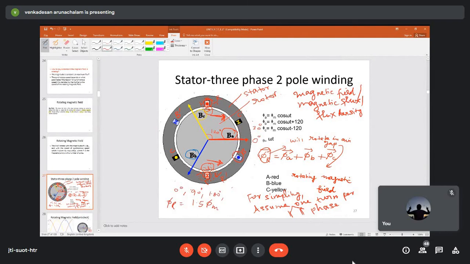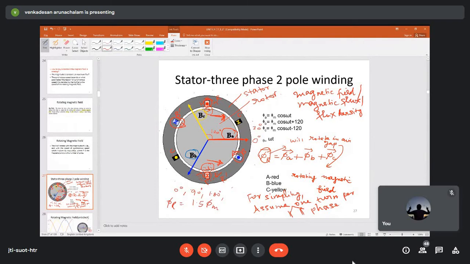Similarly, if you see the direction of B, this is for B phase. It is like this, anti-clockwise. This is clockwise. So for the blue phase, the resultant flux density is marked like this. And similarly for C phase, the resultant flux density is marked like this.